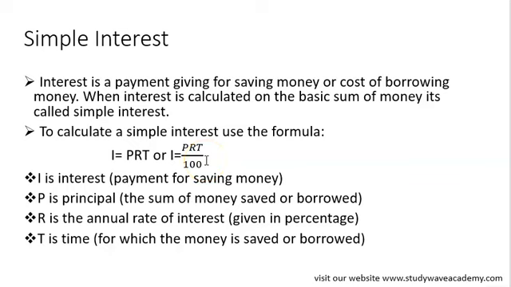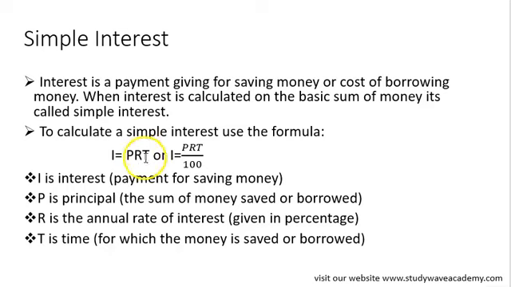Whichever is better for you. So here, the I stands for interest, the payment you get for saving. The P stands for the sum of money saved or borrowed, which is the principal. The R stands for the rate, which is always given in percentage.